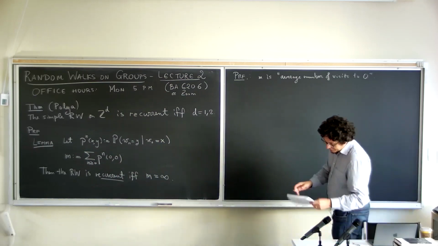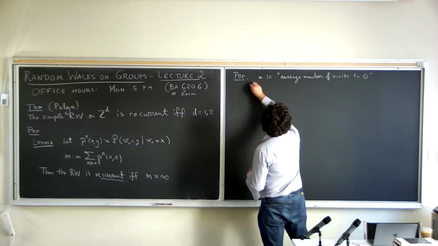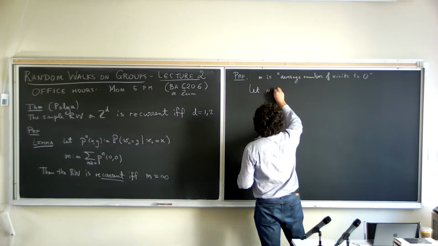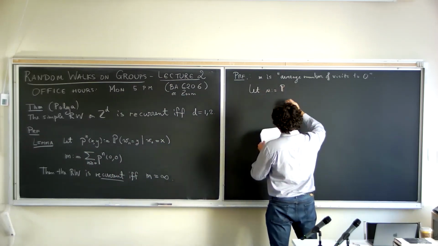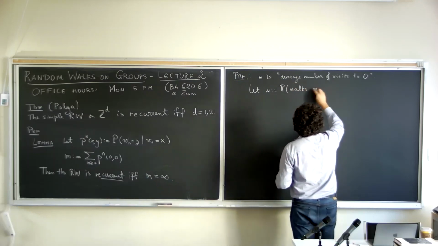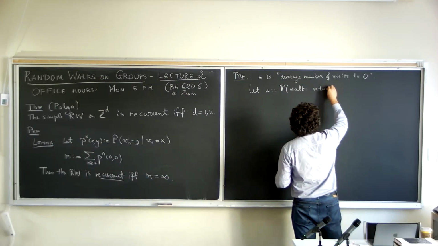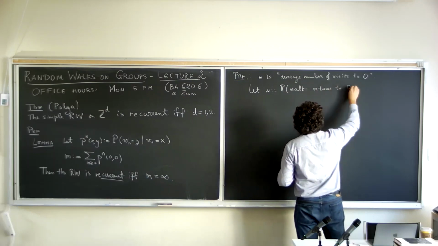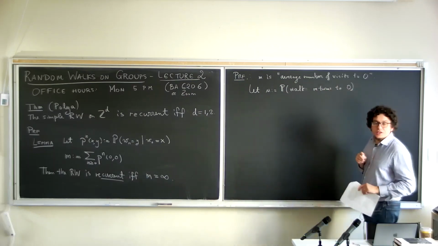And what else do we need to show? Well, we can let u be the probability that the walk returns to 0 at all, so at least once.